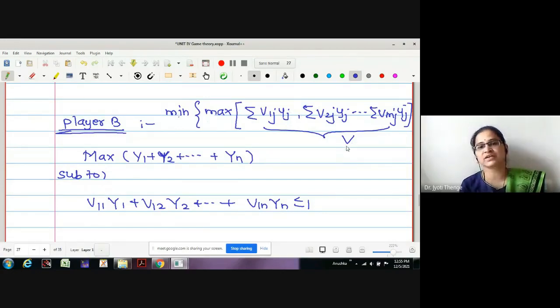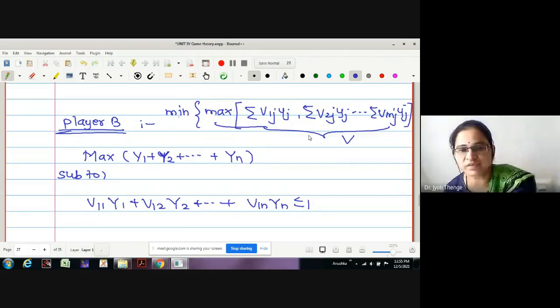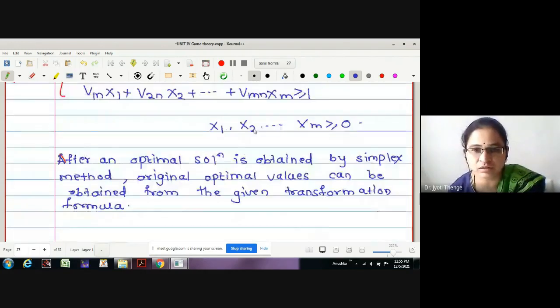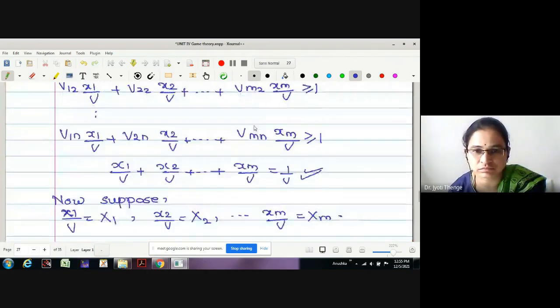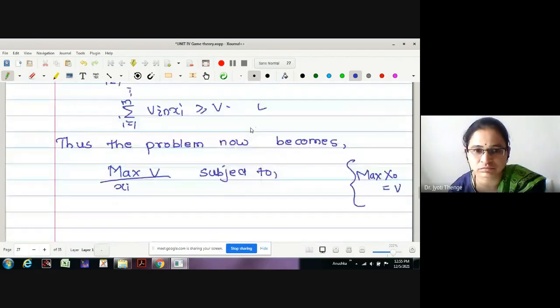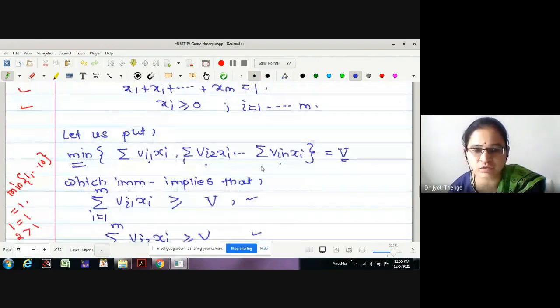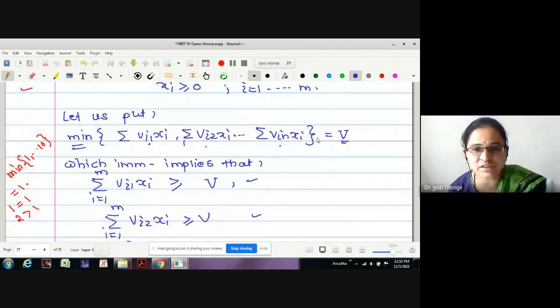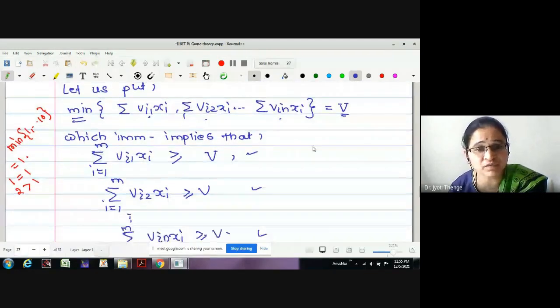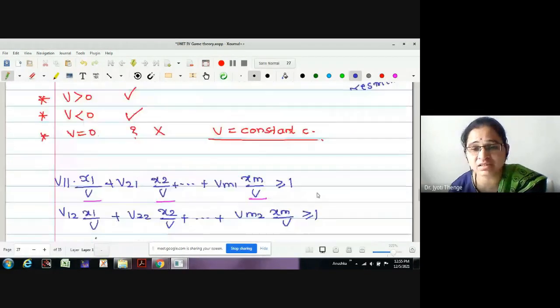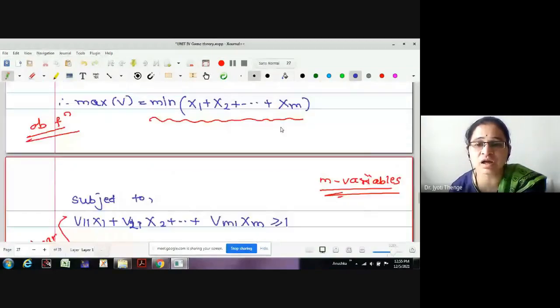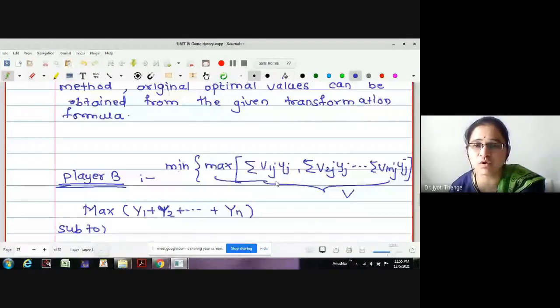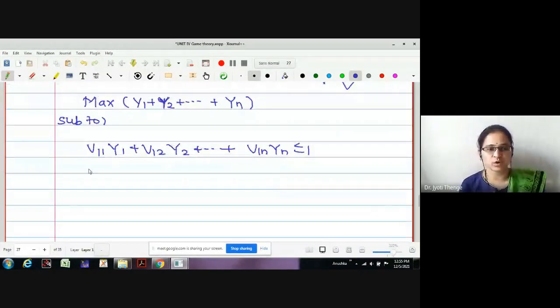The maximum among this set we are calling v. Here we wrote greater than or equal, because the minimum of these values was kept as v. But here we are substituting that the maximum of these constants is equal to v. Therefore, the relation is going to hold as less than or equal. Okay.